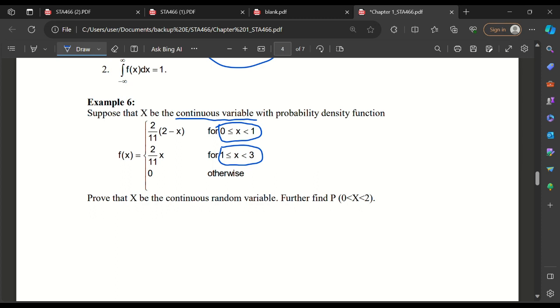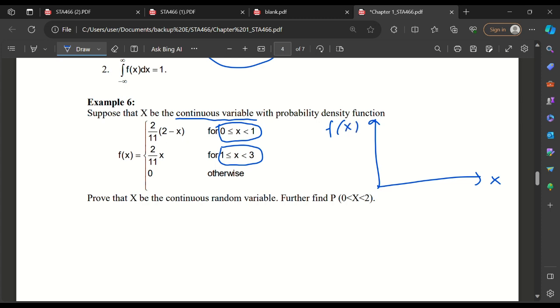Okay, so let's see kat sini. Usually, you akan ada satu function saja kan. This one adalah contoh kalau we have two functions untuk one variable x, tapi dia pecahkan dah, maksudnya dia ada pecahan for the possible values of x. Kalau graph dia akan jadi macam ni lah. Okay, x ni kan, this one is your function.